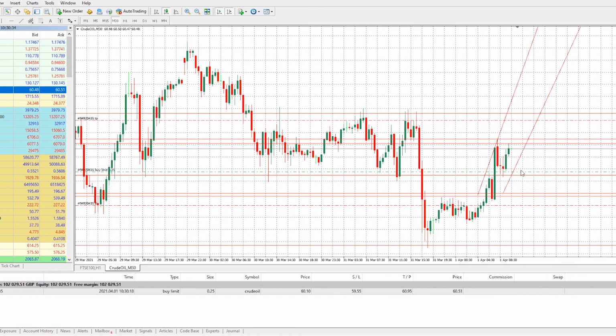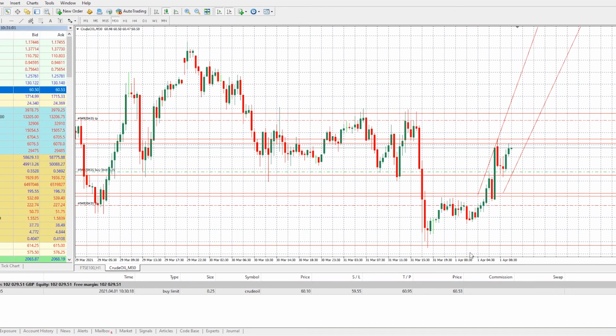If this pulls down to my support level and triggers my trade, then I'm risking about 50 cents per barrel, even less. I'm getting in at 60.1, a little over 50 cents, 55 cents risk per barrel for a potential profit of quite a bit more.